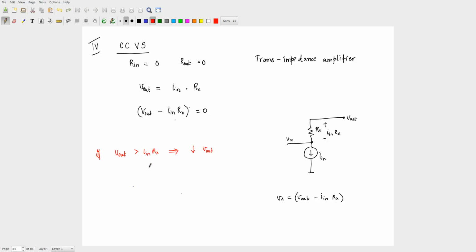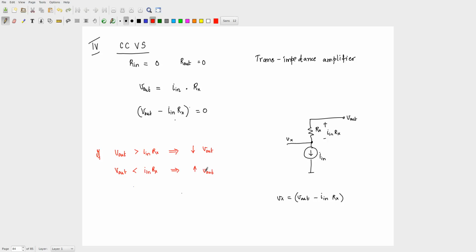I in is given by God, right? V out is what you're trying to generate. So if V out is greater than I in Rx, you have to decrease V out. And if V out is less than I in Rx, you have to increase V out.